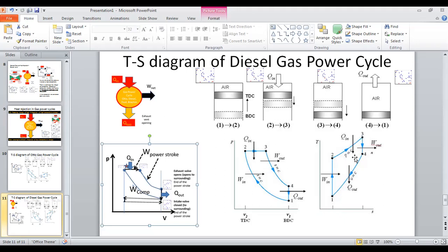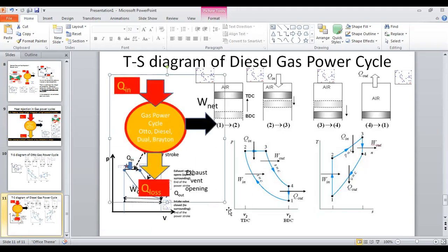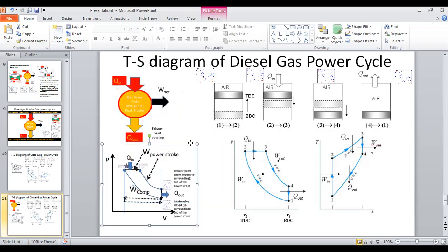So Q in at increasing entropy levels, then Q loss. Here it is mentioned as Q out, that is okay, but it's a loss. In this model, it is a loss of energy, but it's out here.